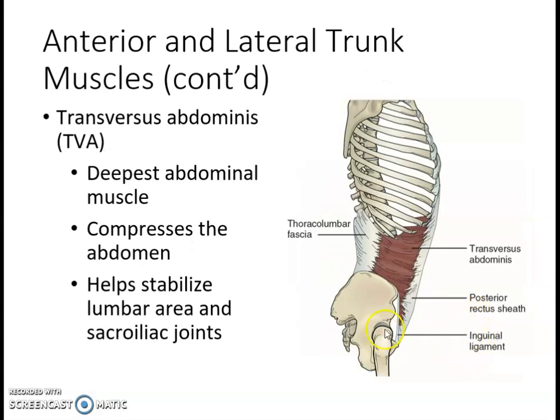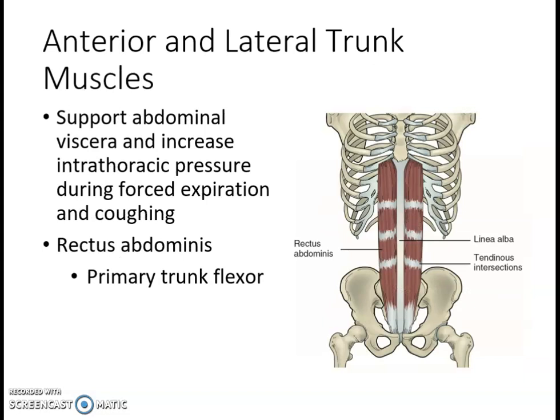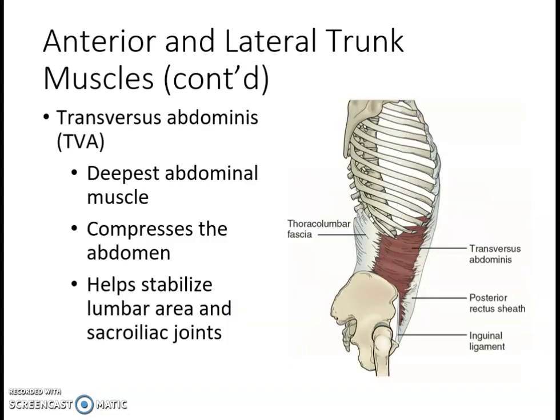At the thoracolumbar spine, we have the rectus abdominis, and that causes the trunk flexion. After that, we have the oblique muscles, the external and internal oblique muscles. The transverse abdominis muscle is the deepest abdominal muscle.